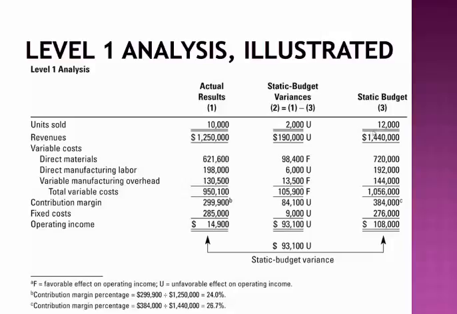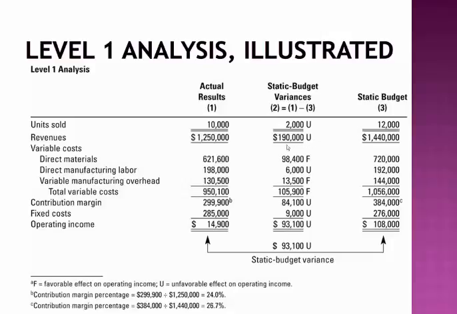Our revenues of $1,440,000 that we had planned versus our $1,250,000 actual. Our actual revenues in dollars is less than our master static planned or expected revenues. That's not good. Therefore, that difference of $190,000 is unfavorable.